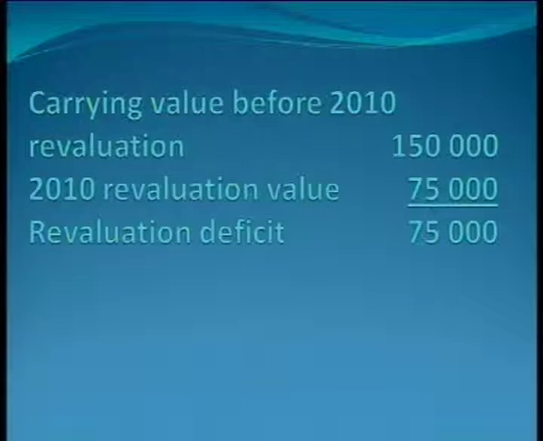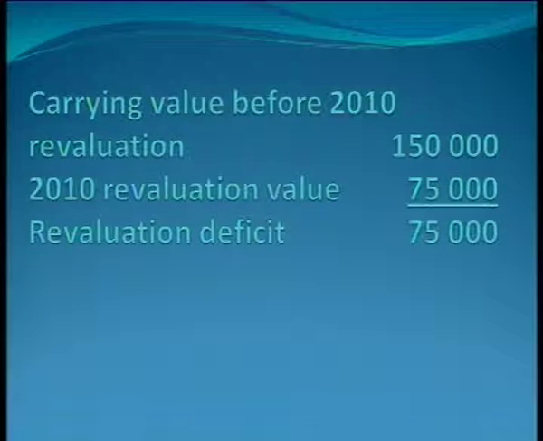The carrying value before the 2010 revaluation was 150,000. Your 2010 revaluation value was 75,000. So you have a revaluation deficit of 75,000, just like I have explained to you. In the beginning of the year, the land was worth 150,000.